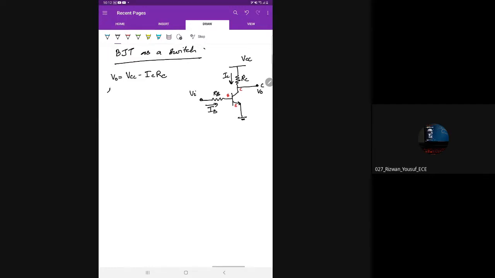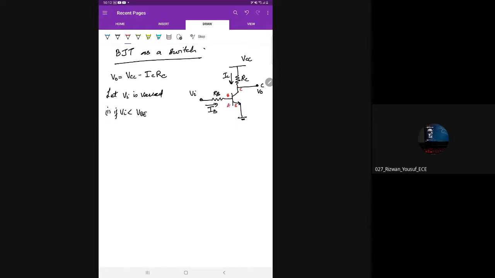And if we assume that VI is varied, there can be cases like if V input in this circuit is less than VBE. VBE is the cut-in voltage of the base emitter junction.